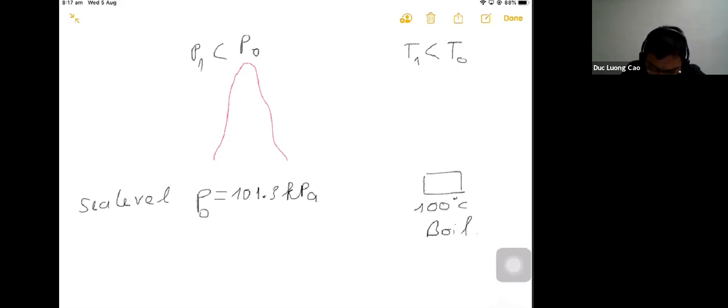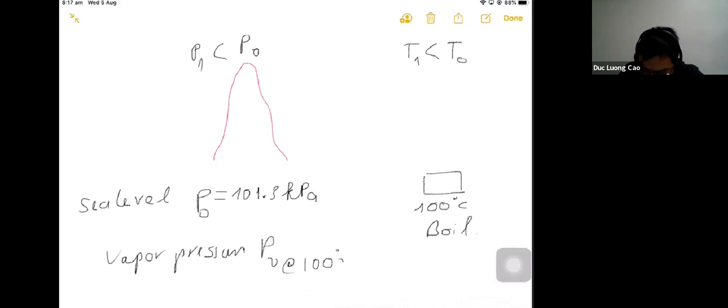we call that vapor pressure. PV at 100 Celsius is 101.3 kPa.